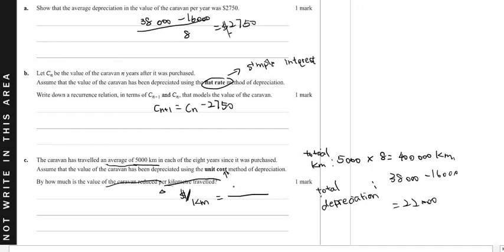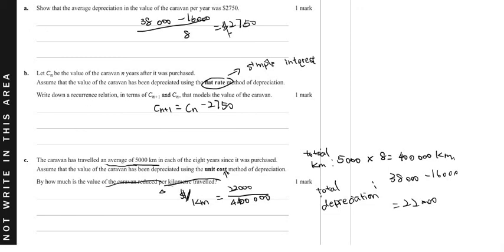So we put 22,000, the total amount of depreciation, and then we want to find how much depreciation is for 1 kilometer. That's the amount of depreciation for the total kilometers. So what we need to do is divide the 22,000 into the total kilometer parts and find what each one part is equivalent to.